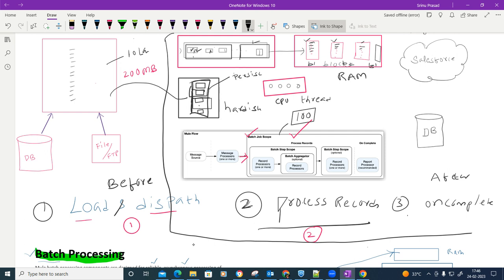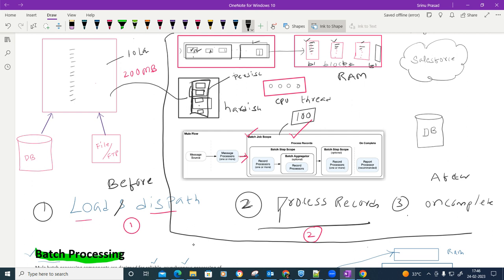To process anything, we need two things: memory and CPU. Thread pool means CPU instances. In the thread pool, different threads get created. How many threads are created depends on your system or server capacity. Assume your server is dual core, two CPUs, then four threads will be created.